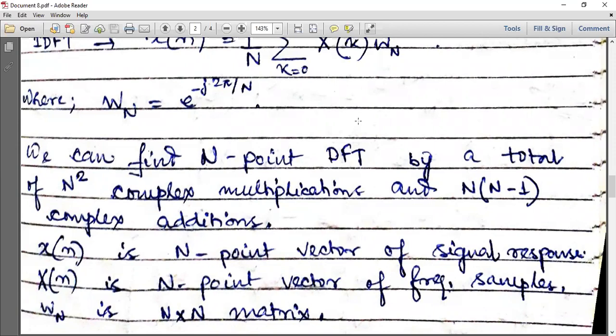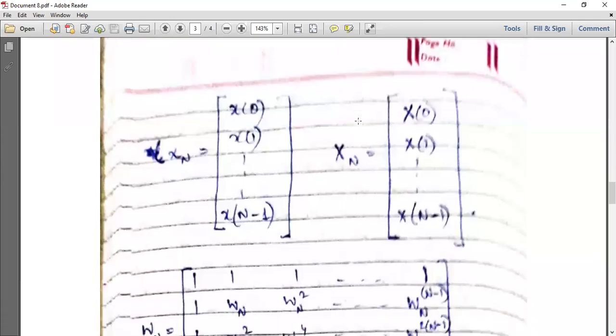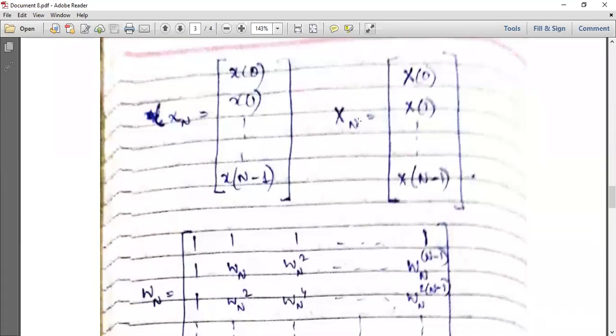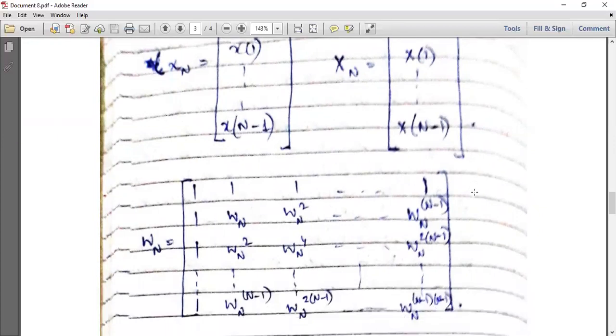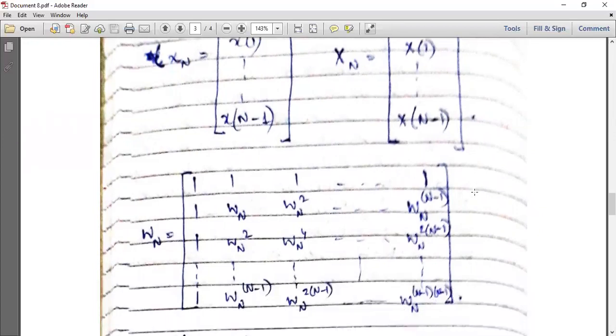Now you see, let me go to the next page. See, x[n], my normal signal, is x0, x1 up to x of N minus 1. My sampled signal, x0, x1 up to x of N minus 1. And what about my twiddle factor matrix, W_N? In W_N, the first row and the first column, all are 1.